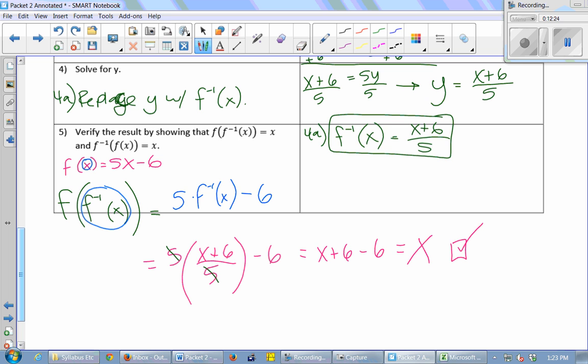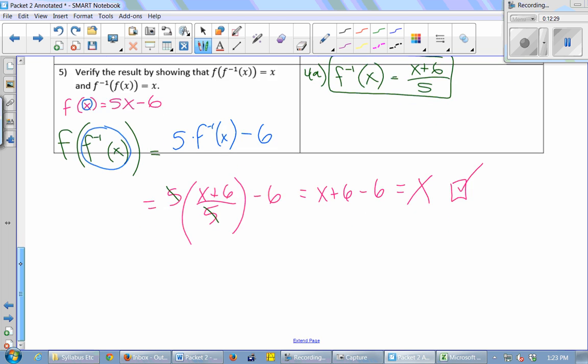Some people like to verify with a number first, right? Like if I did f of 2, what do you get? Remember, this is my formula for f. Yes, 4, right? And then I'm going to do f inverse of 4. I'm going to plug 4 into the formula I got for f inverse.